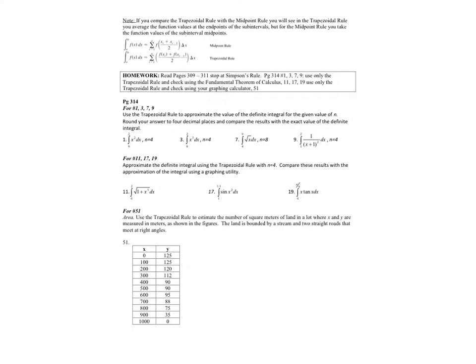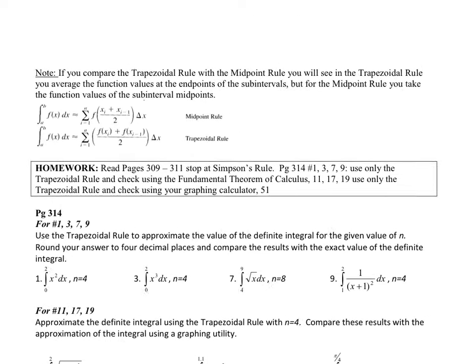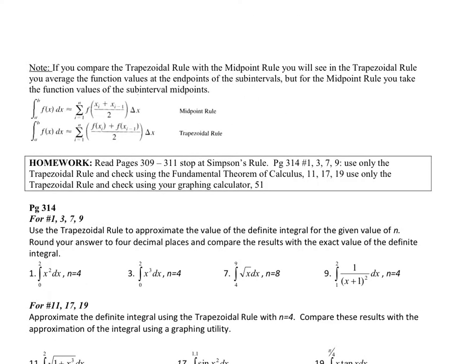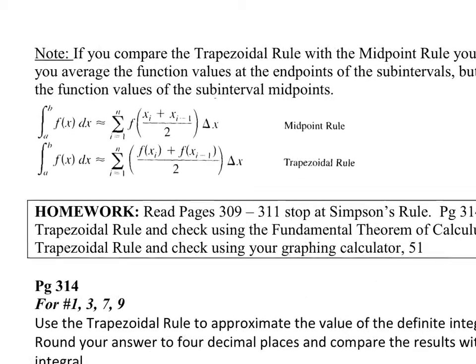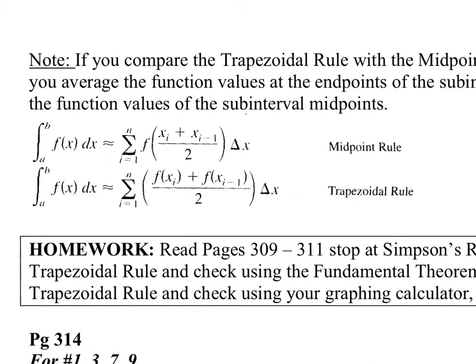Now, here's a little note. If you compare the trapezoidal rule with the midpoint rule, notice the difference here. It's a fine difference, but you need to pay attention to it.